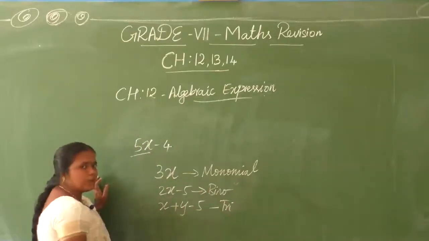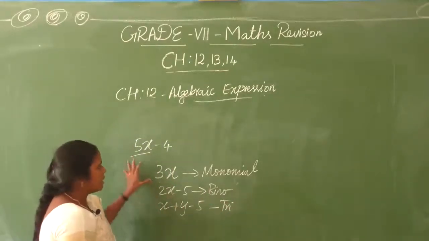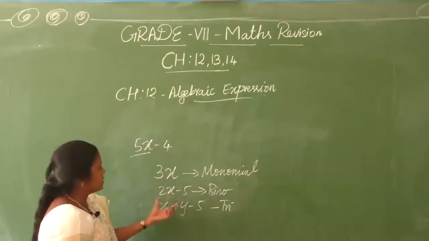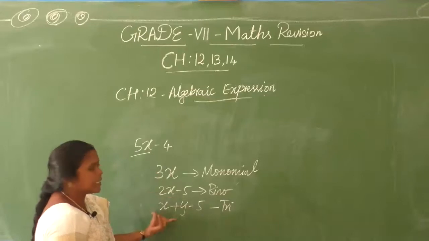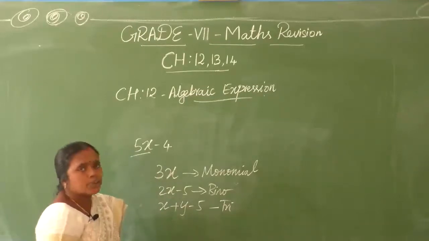More than that is polynomial. You would have seen that already. According to the terms in the expression, it is classified as monomial, binomial, trinomial, and more than that called polynomial.